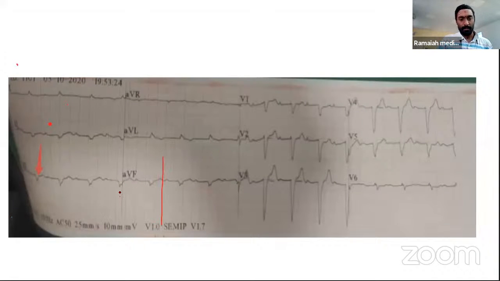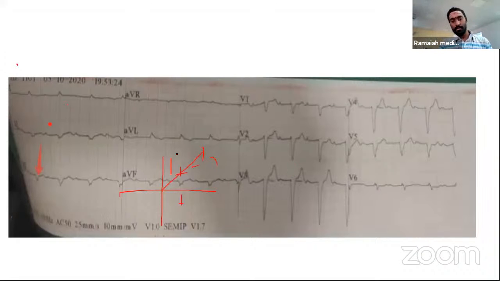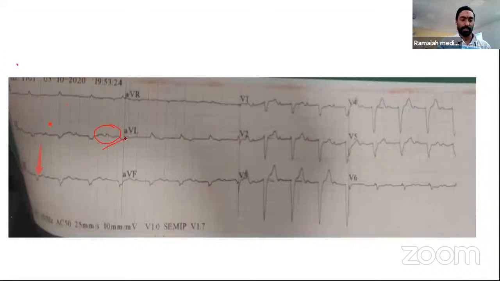In lead 1 it is positive, and in aVF it is negative. Then we should look at lead 2 also. Lead 2 is also negative, so it is left axis deviation. So it is pathological left axis deviation. Good. So we have the axis now.